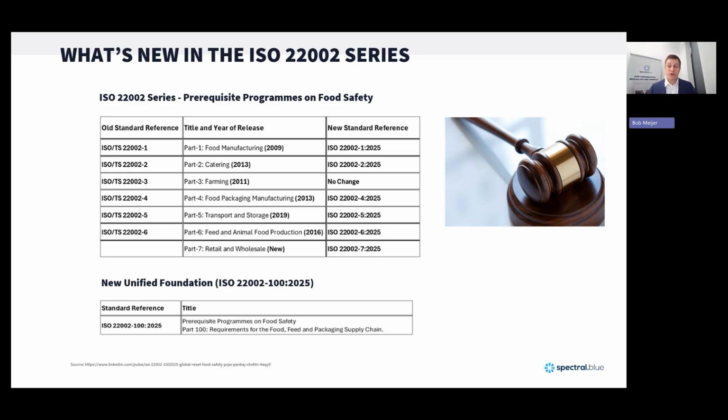The purpose is consolidating common hygiene and safety practices from the previous sector-specific standards, such as Part 1, Part 2, Part 3, etc. Some of the key benefits are that it simplifies compliance for multi-sector organizations, and it enhances audit efficiency and traceability. It also introduces modern risk management elements like food fraud, food defense, and sustainability.